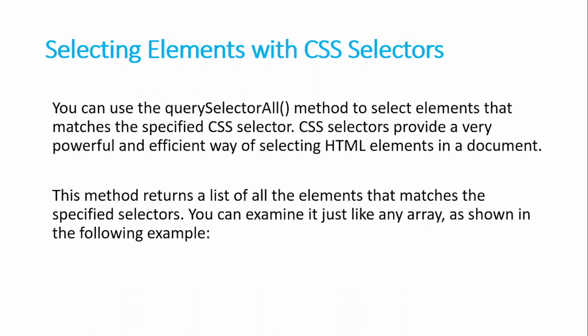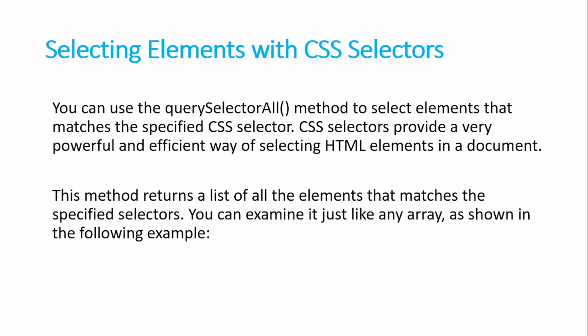You can use the querySelectorAll method to select elements that match the specified CSS selector. CSS selectors provide a very powerful and efficient way of selecting HTML elements in a document. So basically we also have one more method, which is querySelectorAll, which allows us to select all the elements which have a specific CSS selector. Just like while using CSS, we use the element selector, the class selector, the ID selector, the attribute selector.